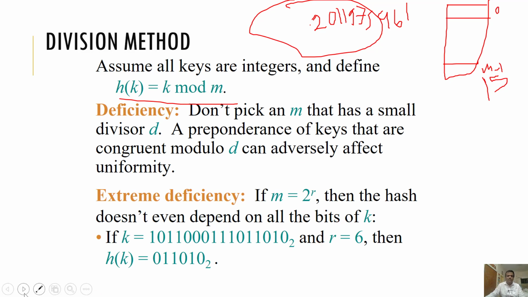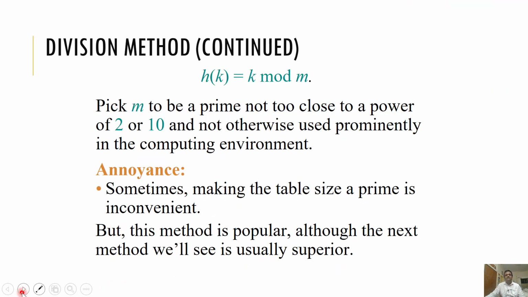For a good choice of m, people have observed that we should pick m to be a prime not close to a power of 2 or a power of 10, since we do not know which number system we will take. But m is the table size, from 0 to m minus 1, and sometimes choosing a prime table size is not convenient.